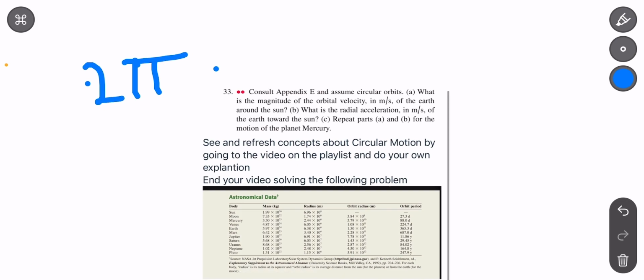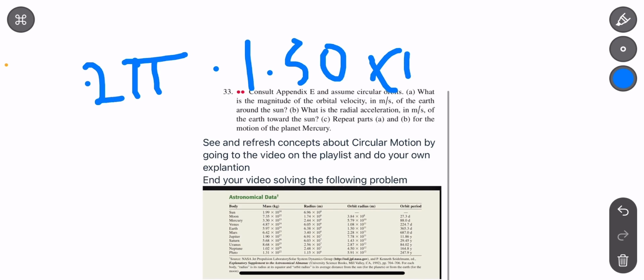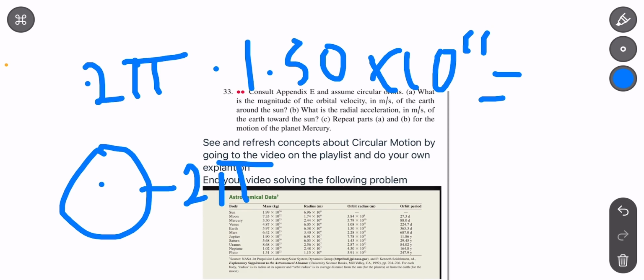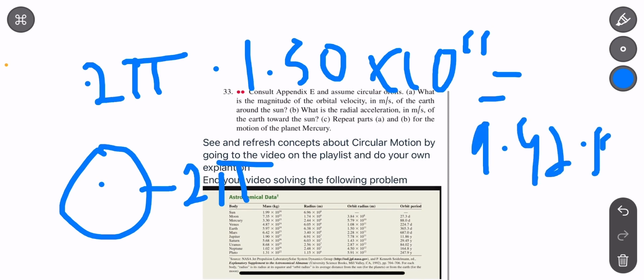The orbit radius is 1.50 times 10 to the 11, and we also do 2 pi because of the unit circle. 2 pi means a full rotation. After we multiply 2 pi times 1.5 times 10 to the 11, it'll leave us with 9.42 times 10 to the 11 meters.